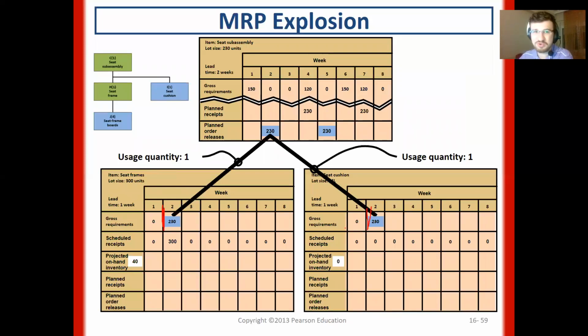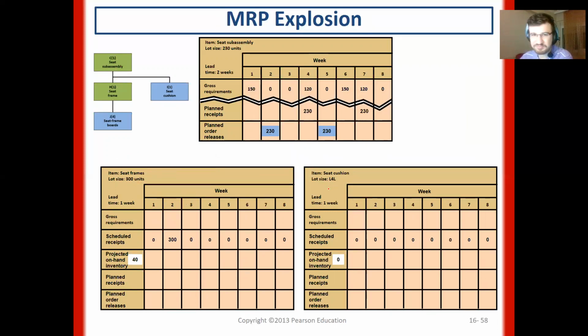How many units of seat frame and seat cushion should be available? Because the parent-child relationship is 1-to-1, according to this bill of material information, 230 units should be available. So these numbers determine the gross requirement for each component.